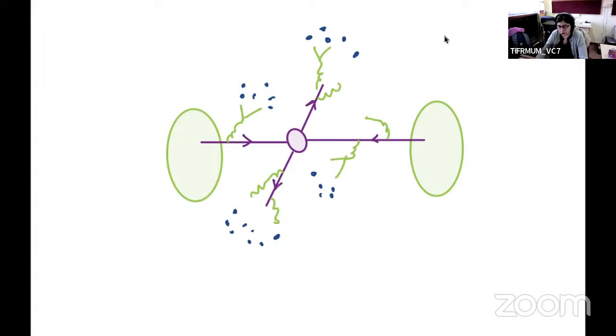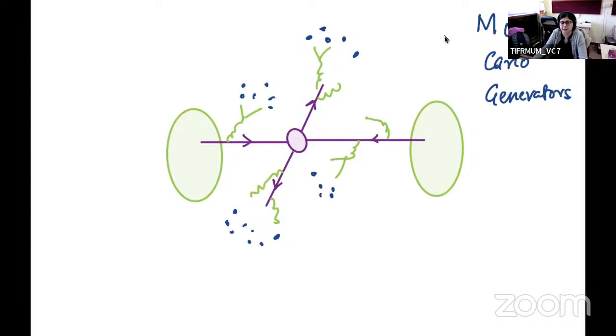So what is the job of Monte Carlo generators? They are called Monte Carlo generators. It is to essentially take you all the way from the collision, the hard scattering process, simulate all kinds of radiations, and then cluster whatever you have at the end into respectable looking hadrons.